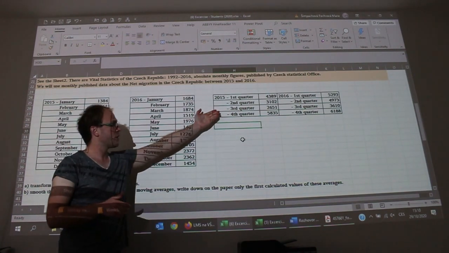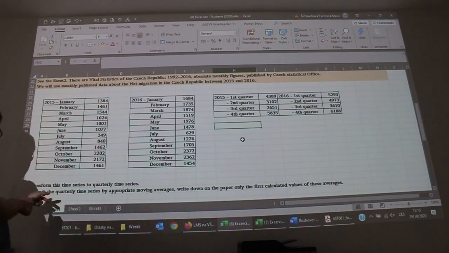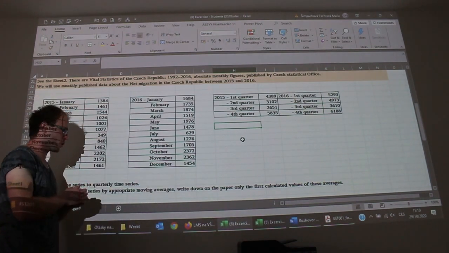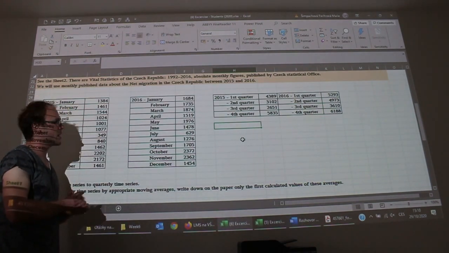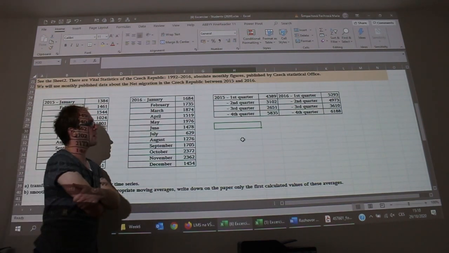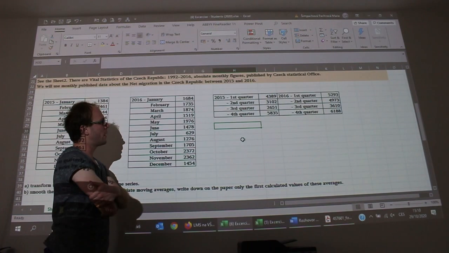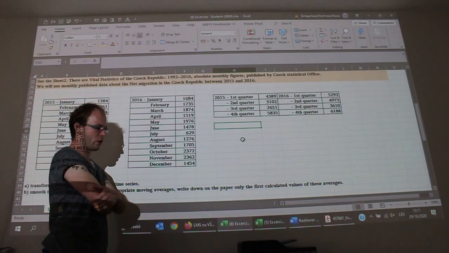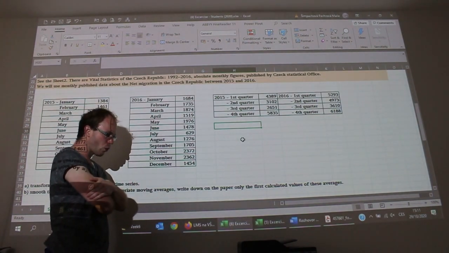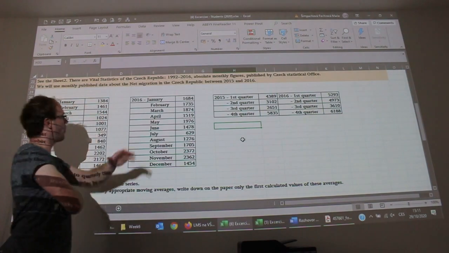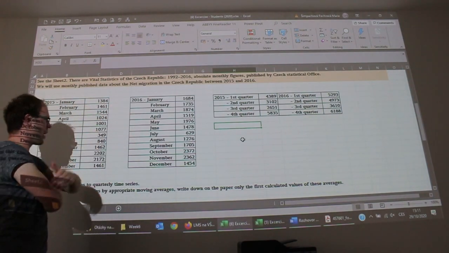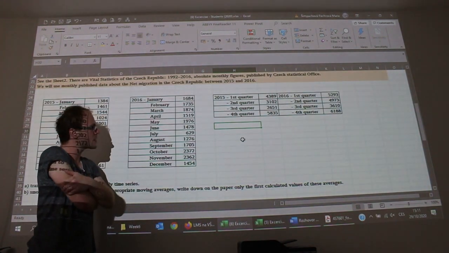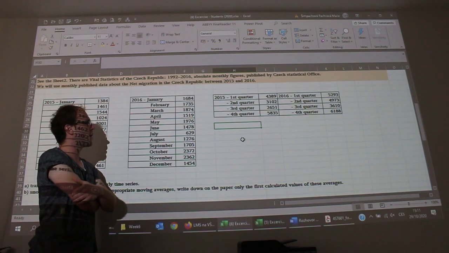Now we have a quarterly published time series. We will smooth the quarterly time series by the appropriate moving average, whose length is necessary for quarterly published data. Length 4, because we have 4 quarters in the particular year. If you use smoothing on monthly published data, it's necessary to use a moving average with length 12. So we will use length 4.